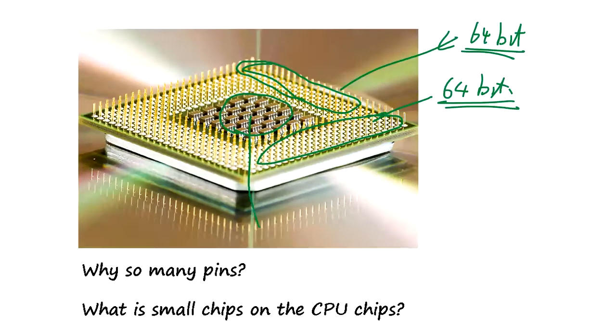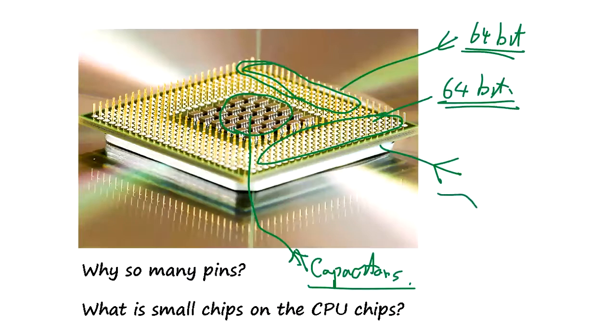Then how about those chips? What are those chips? Those chips are capacitors. Why do you need capacitors? Well, CPU is power hungry, and when you provide the power, the current is going to dip when it's consumed a lot, and the voltage drops. So in order to make this kind of voltage fluctuation less, you put a lot of capacitors, the temporary storage of electricity.